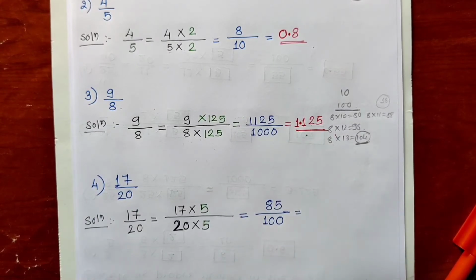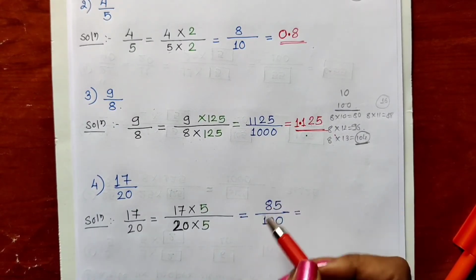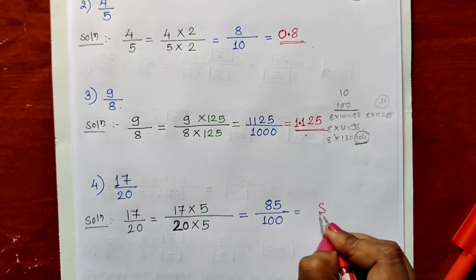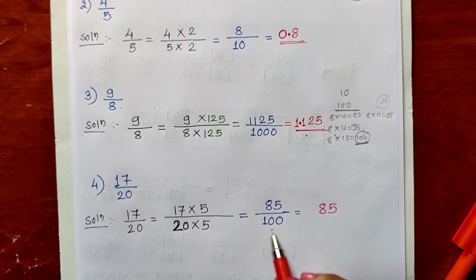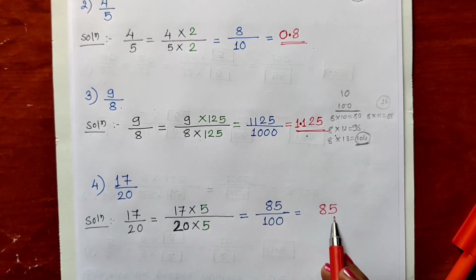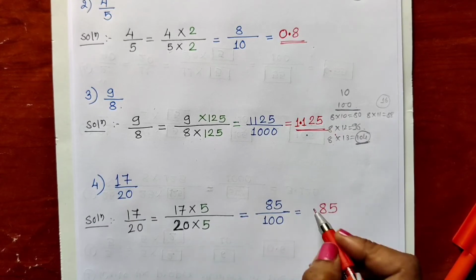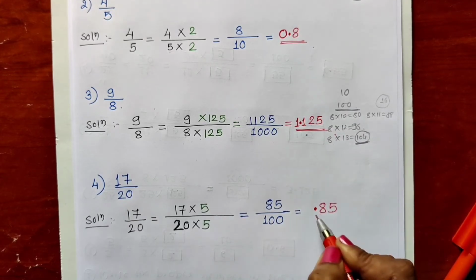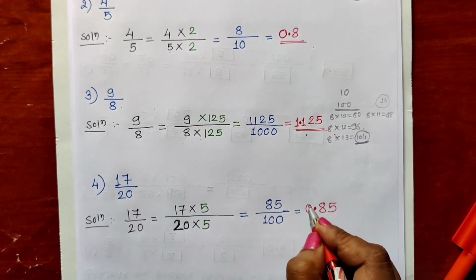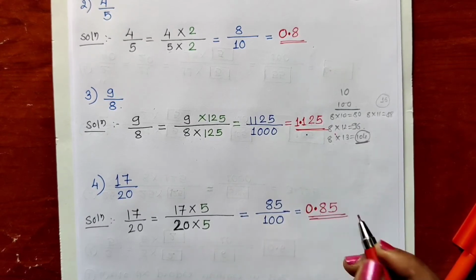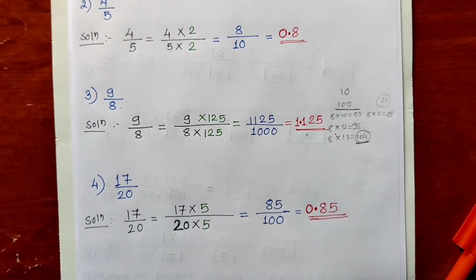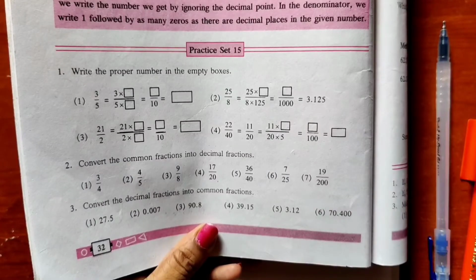Now while writing into decimal fraction, write this number in the numerator as it is. Now how many zeros? 2 zeros. That means the decimal point should be put before 2 digits from right to left. So 1, 2. We have to put the decimal point here. On the left hand side nothing is there. Put the 0. Answer is 0.85.